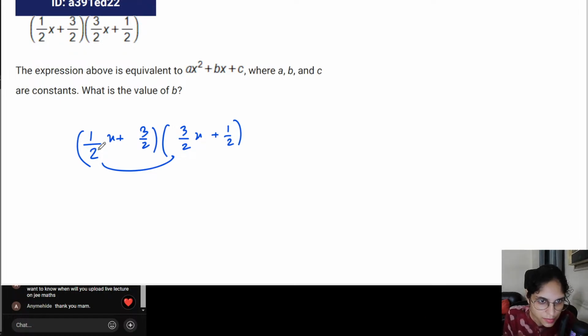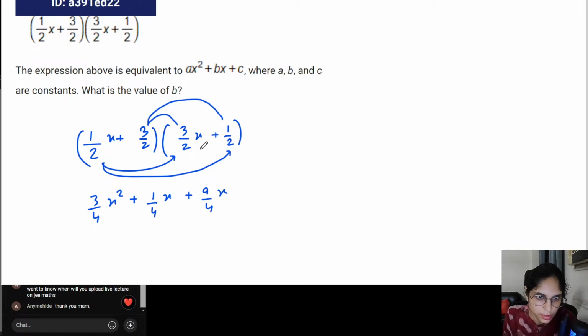Half times 3 halves. 3 times 1 is 3. 2 times 2 is 4. 3/4 x squared. Then half x times half. Half times half is 1/4. 3 half times 3 half is 9/4. 3 half times half is 3/4.